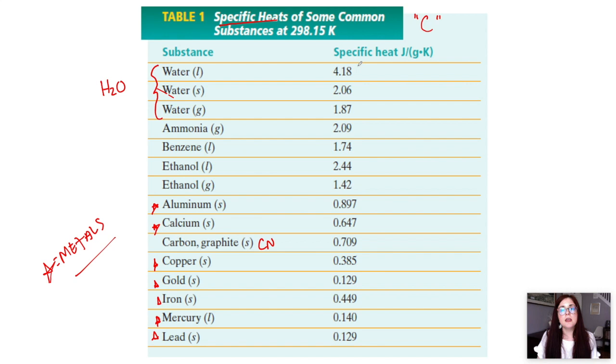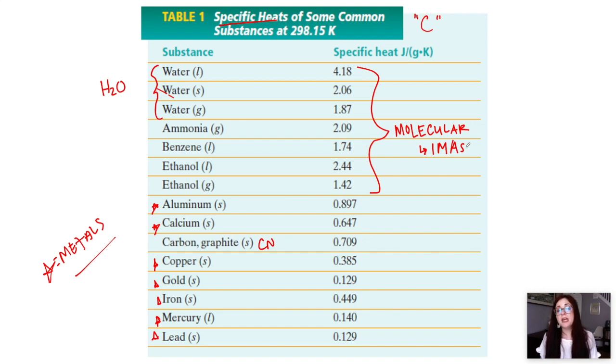Up here, these are more molecular solids, which are comprised of a lot of nonmetals. Molecular solids are held together by intermolecular forces of attraction. Those do not have free electrons that can conduct electricity or heat very well.